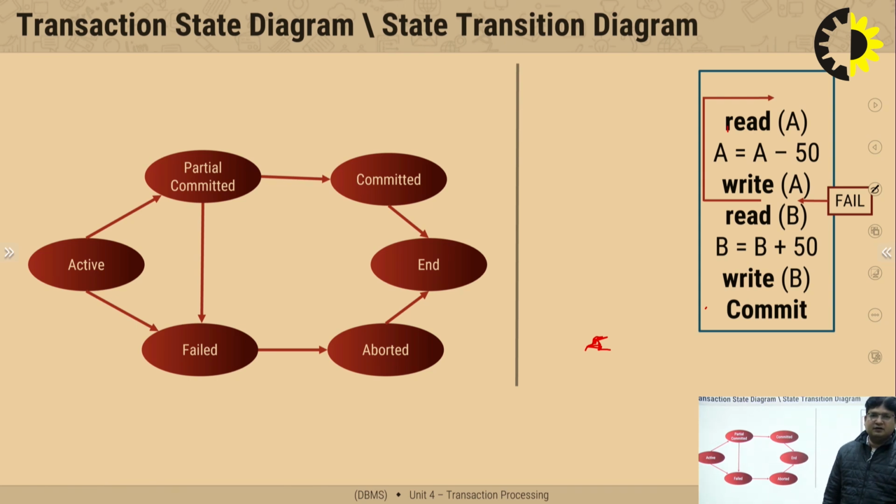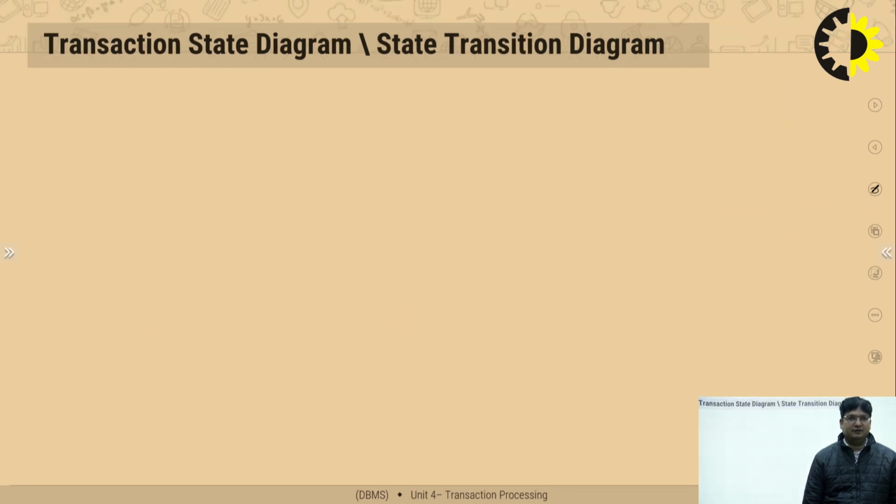Anyway, the transaction will end in two ways, either it is committing or it is aborting. Only there shall be two ways. The transaction will end either successfully or unsuccessfully. If it is successful, then it is the committed state, and if it is not successful, then it is the aborted state.